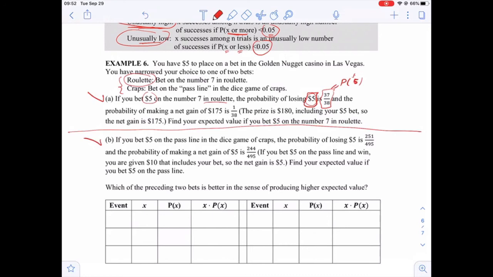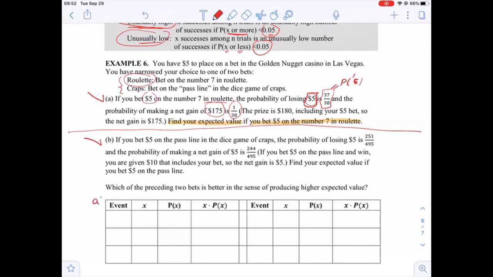This is the value of the random variable. And the probability of making a net gain of $175 is 1 over 38. We want to find the expected value if you bet $5 on the number 7 and roll it.